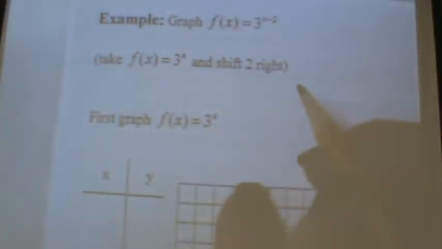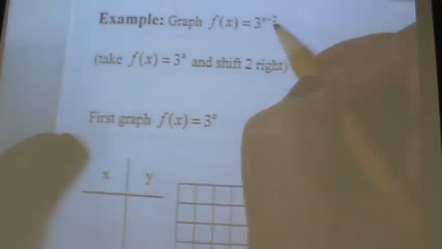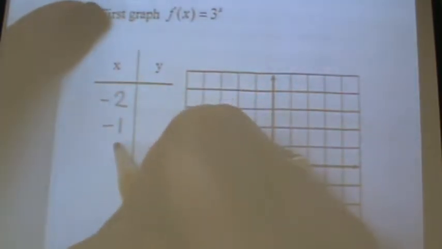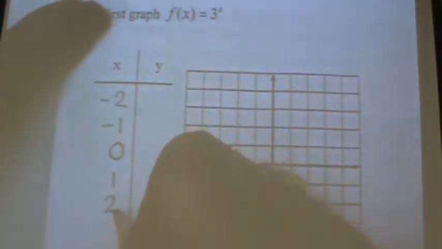If I asked you to graph f of x is equal to 3 raised to the x minus 2 power, the parent function is y equals 3 to the x power. Now, if I asked you to generate a table of values for this, I would expect you to be able to give me numbers like -2, -1, 0, 1, 2, and so forth.